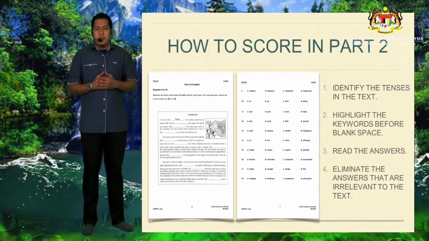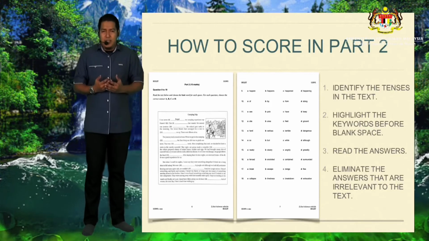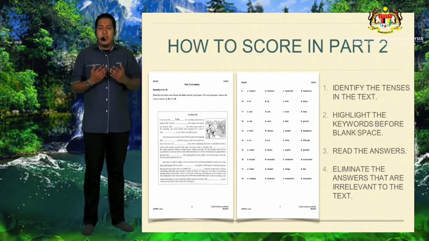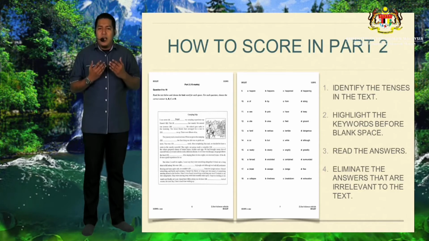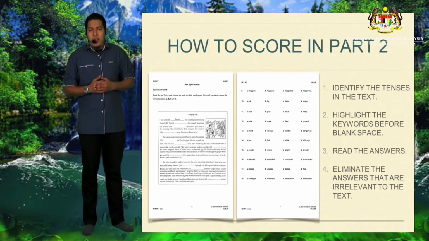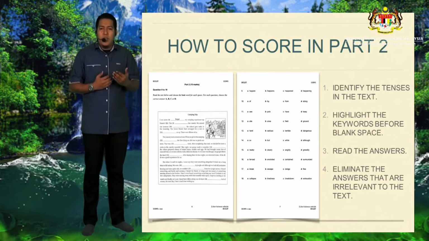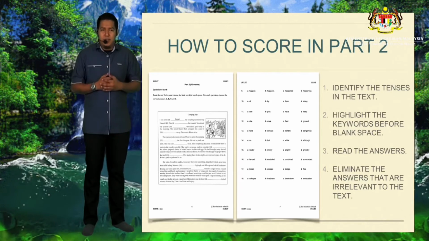For example, if the word "to" is before the blank space, you have to answer it in the root word. If the word is not the root word, you can eliminate the answer.